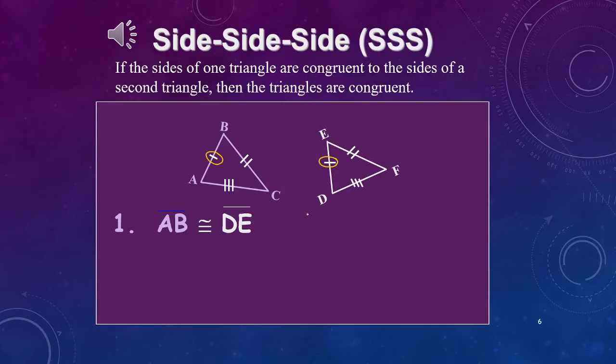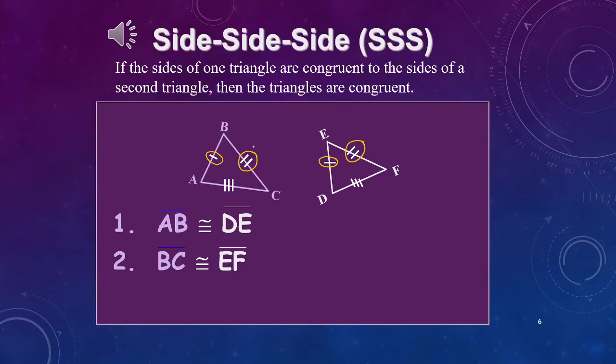Another one, we have BC congruent to EF. Why have I stated that the 2 sides are congruent?